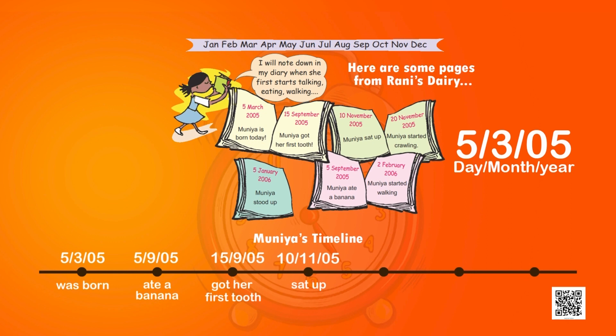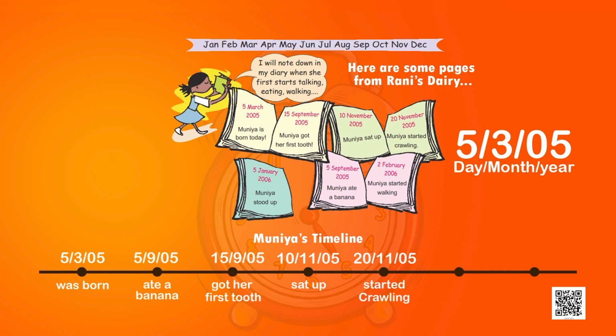On this day, Muniya sat up. November is the 11th month. So, we can write it as 10/11/05. Below that, correct, sat up.